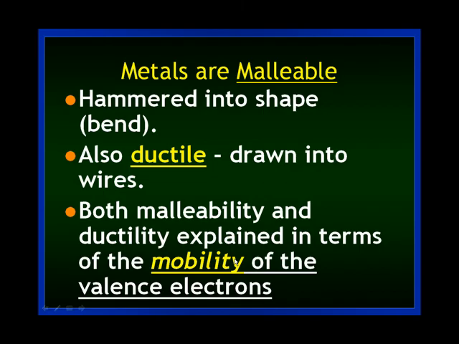Since the electrons can move, it allows things to be stretched and bent, whereas in an ionic compound, they were not mobile. They were in a very tight, organized pattern. And so if you tried to stretch it or bend it, it would break. But with metals, it's different, and they can stretch because of the electrons' mobility.